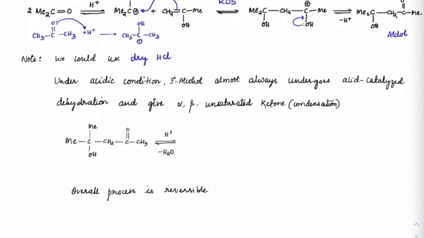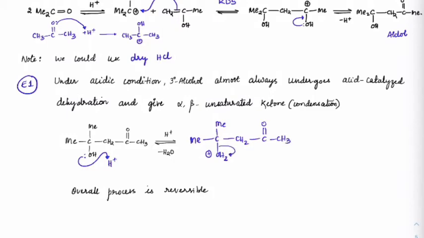Right. Now, like I said, under acidic conditions, earlier I told you, if you take tertiary alcohols, they will go for acid catalyzed dehydration and give you alpha beta unsaturated compounds, and this will be done by the E1 mechanism. For example, here if you check, OH is there, it will extract a proton from here, and we will have OH2 plus, CH2 C double bond O CH3.